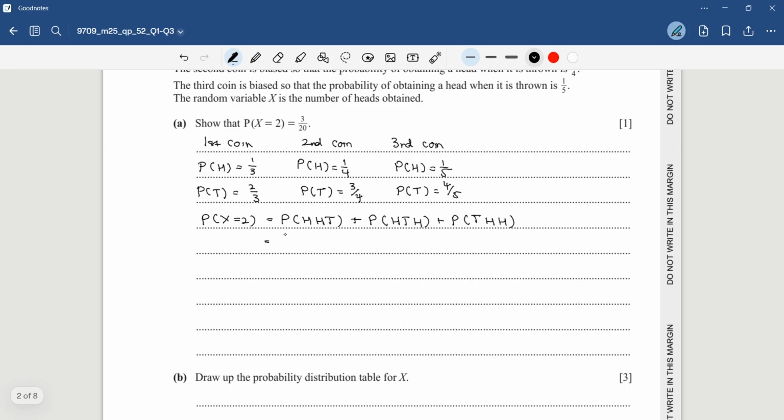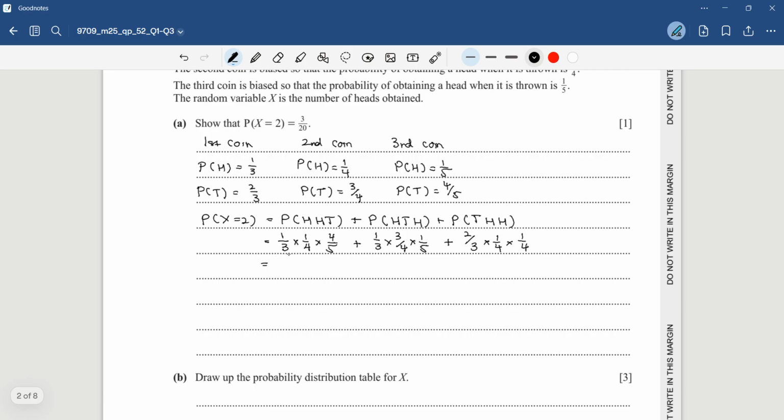Therefore, the probability of getting head, head, tail, or head, tail, head, or tail, head, head.